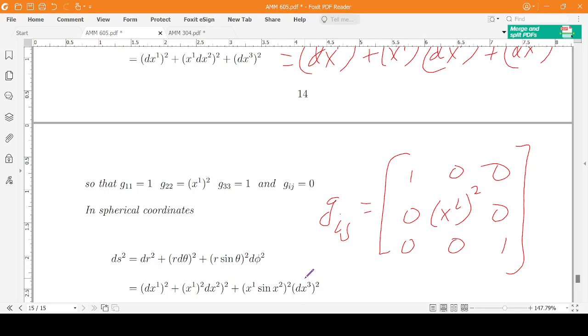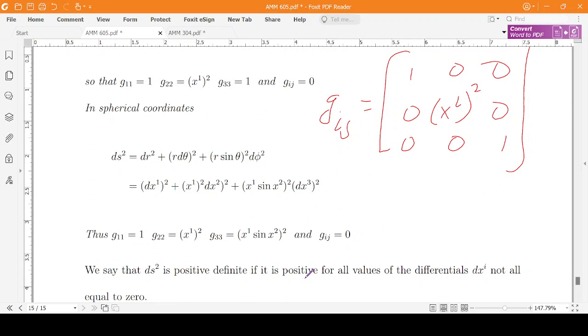If we go to the spherical coordinates, then when we think of a sphere now, we don't have z, because the sphere does not have a straight line. All the sides are curved, or the surface is curved everywhere. So in this case, we have dr squared plus r d theta squared plus r sine theta squared d phi squared. And if we were to write the matrix, then the first component here is the coefficient of dx1 squared, which is 1.